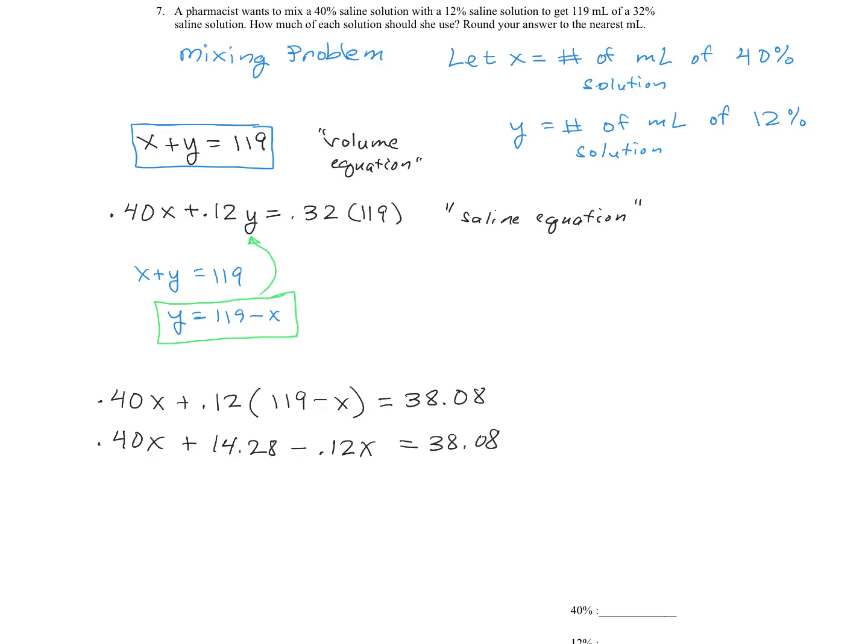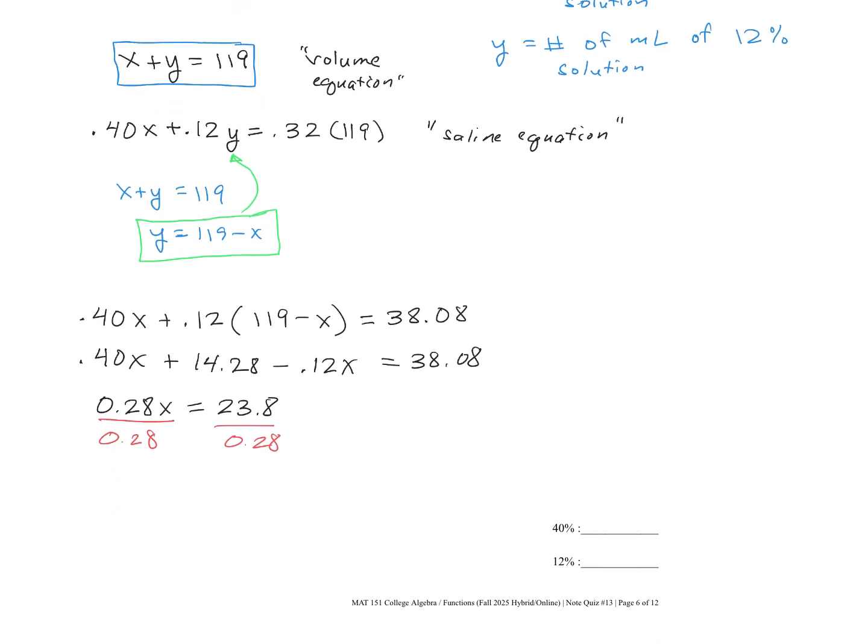Combine those like terms together, and we get 0.28x. We move the 14.28 to the other side, and we get 23.8. Dividing both sides by 0.28 gives us x is exactly 85 milliliters.